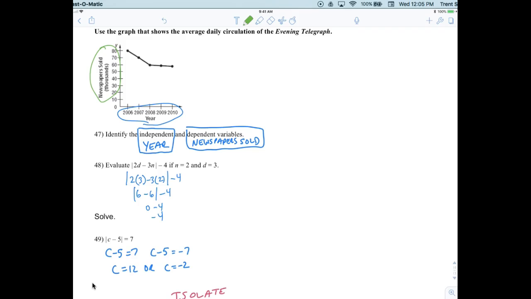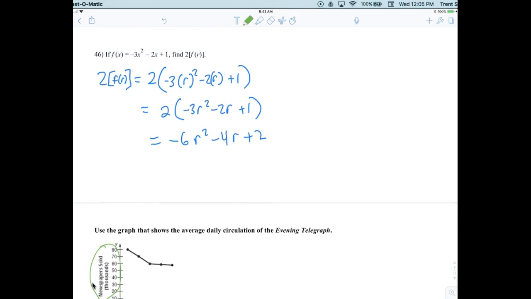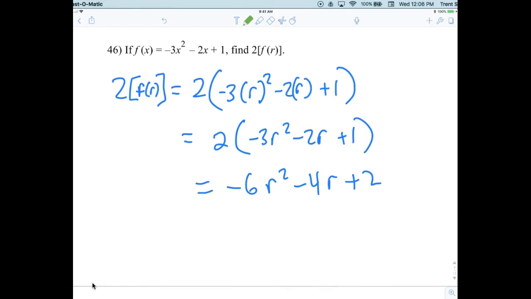Thank you, Max. Can you go back to number 46? Yes, I can for you. What this means, Max, look how simple. You ready? Pay attention. It's super easy. Very, very simple. This means to plug R in for X. So see this X right here, this X right there, I just changed them to what?